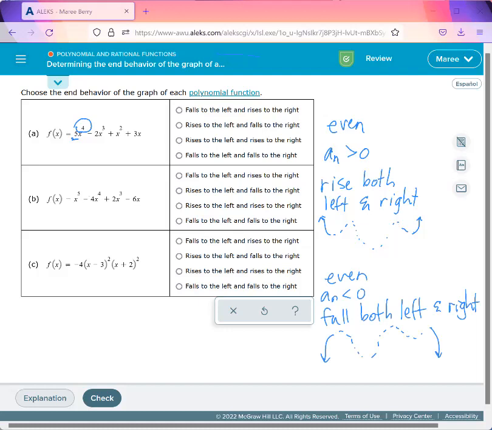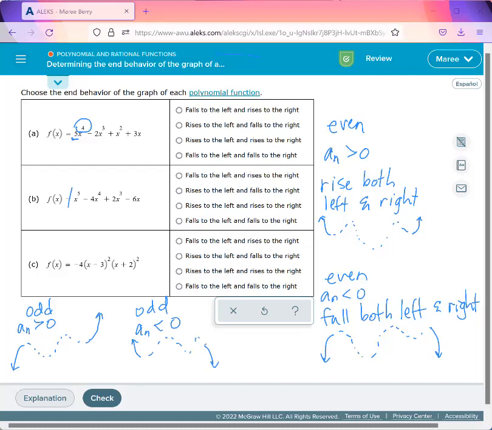If the degree is odd, like example B, and the coefficient in example B is just a 1, which means it is greater than 0, so it's positive, then it's going to fall to the left and rise to the right. And if it's odd and negative, so less than 0, it will rise to the left and fall to the right.